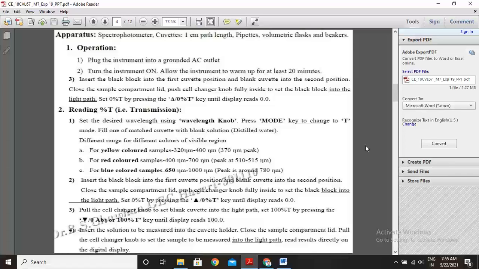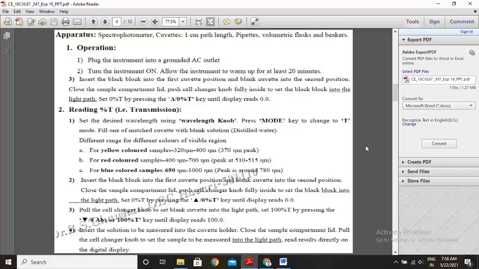So in the third step, pull the cell changer knob to set the blank cuvette into the light path. Set 100% T by pressing the downward absorbance or 100% T key until the display reads 100. Then next step, insert the solution to be measured into the cuvette holder.